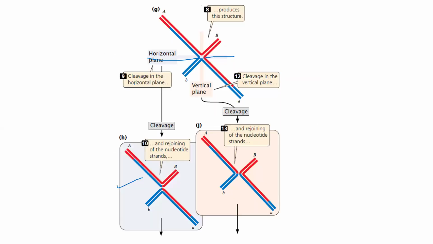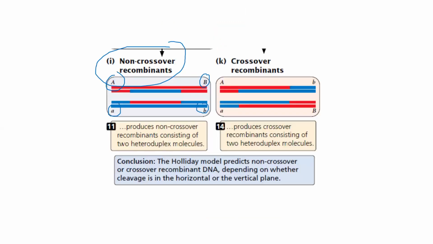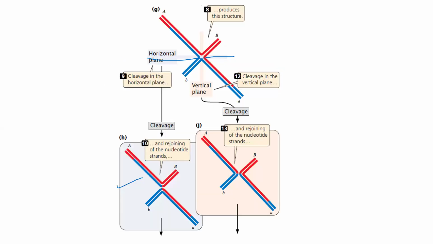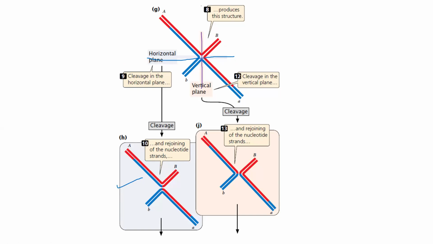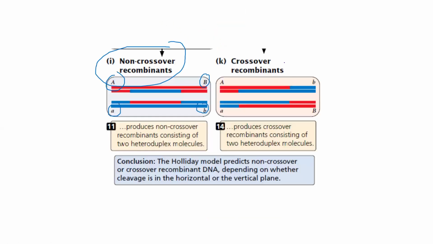So if there's cleavage in the horizontal plane and rejoining of the nucleotide strands, that produces non-crossover recombinants consisting of 2 heteroduplex molecules. On the other hand, if the cleavage takes place in the vertical plane and rejoining of the nucleotide strands, you get crossover recombinants consisting of 2 heteroduplex molecules.